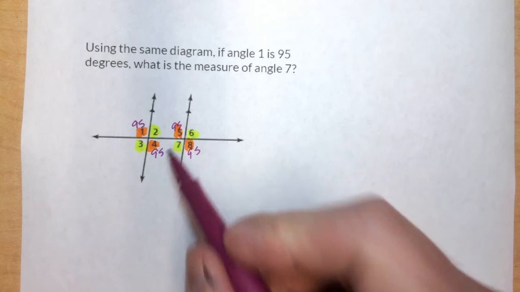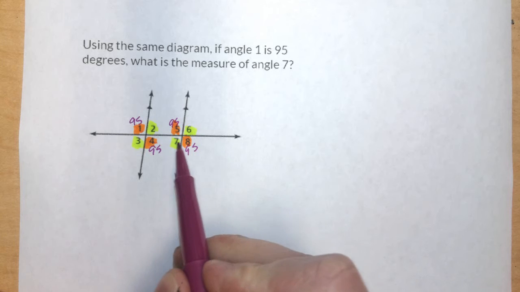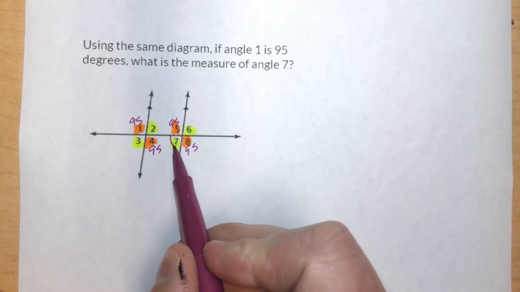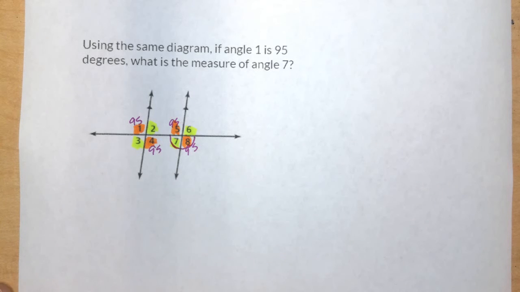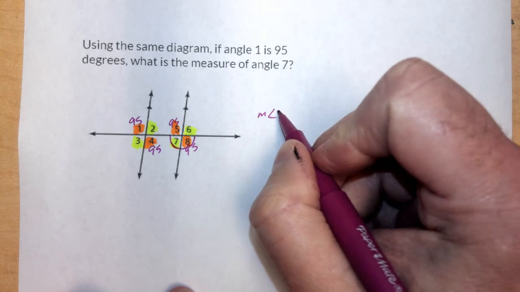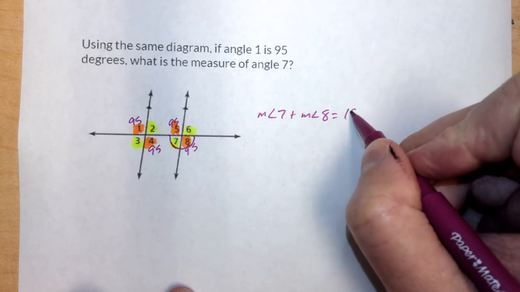Now here's how we figure out what angle 7 is though. So notice anytime you have two angles that are along the same line right next to each other, like 7 and 8 right here, that is a linear pair, and linear pairs always add up to 180 degrees. So the measure of angle 7 plus the measure of angle 8 is going to equal 180 degrees.